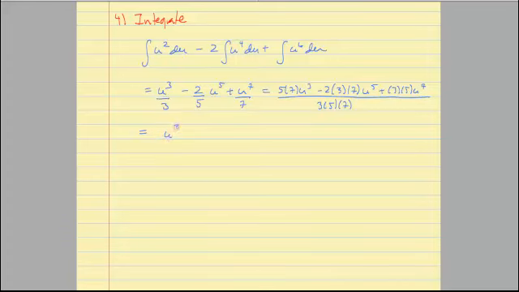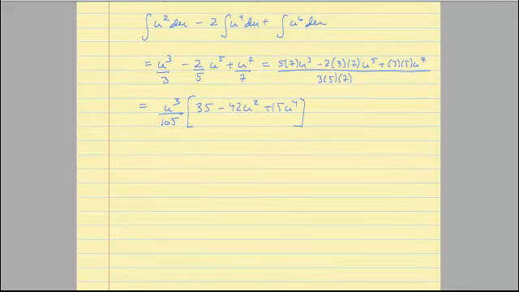So I'll have u cubed over 105 factored out, and that will leave me with 7 times 5 is 35 minus, here I'm factoring u cubed away, so I'm left with u squared. So 2 times 3 is 6, times 7 is 42, so minus 42 u squared plus 15 u to the 4th. It's a little bit easier to simplify when I'm still in terms of my u, and of course I need to substitute back in.